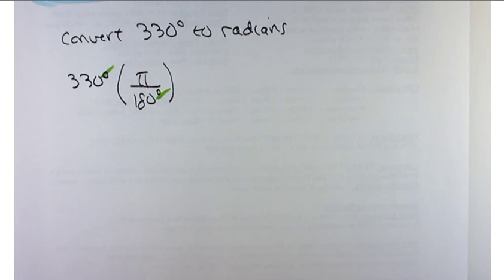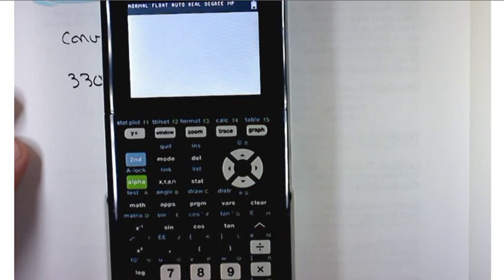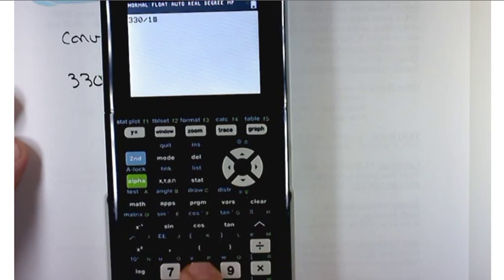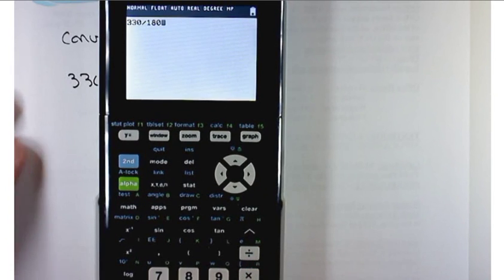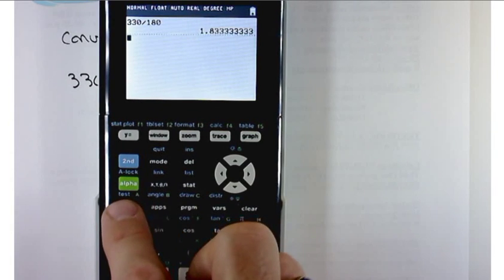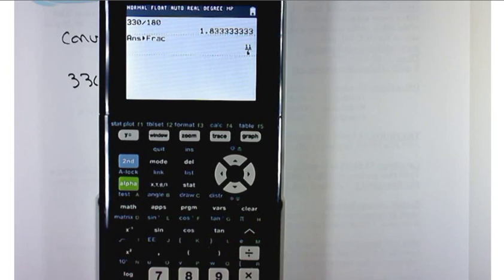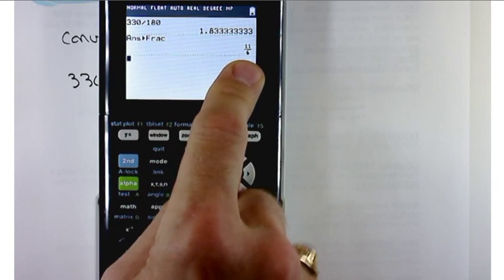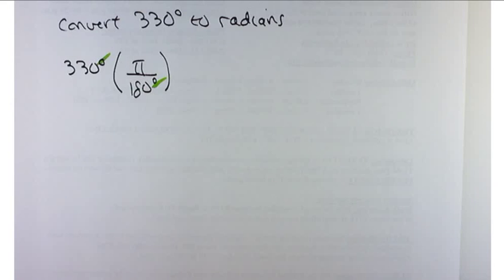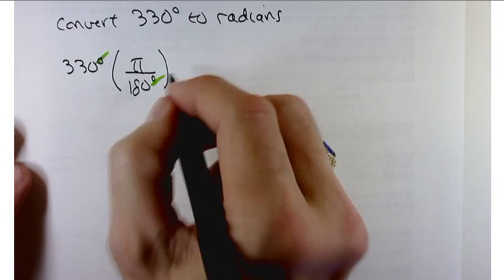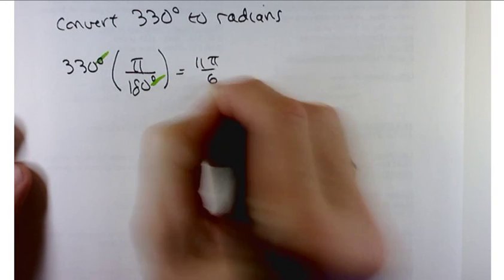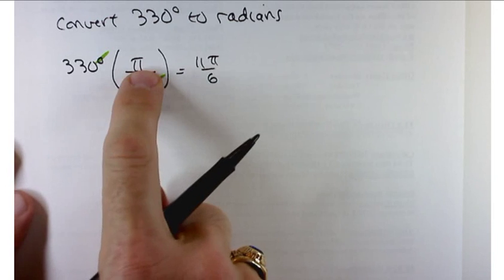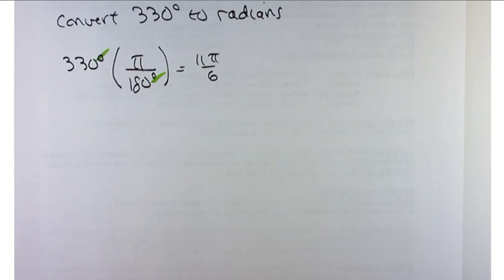And the second thing I'll do is make my calculator do some work for me. So I'll type in 180 into 330, then hit the math key and press answer to fraction. So it's 11 pi over 6. Wow, nice. So this turns into 11 pi over 6. Just don't put in the pi when you do the answer to fraction stuff.